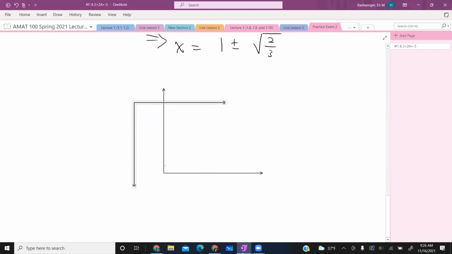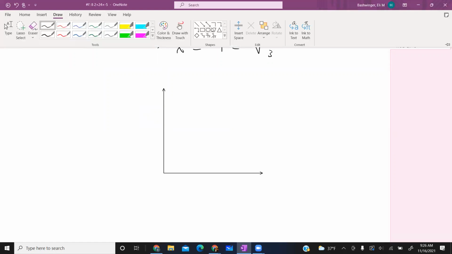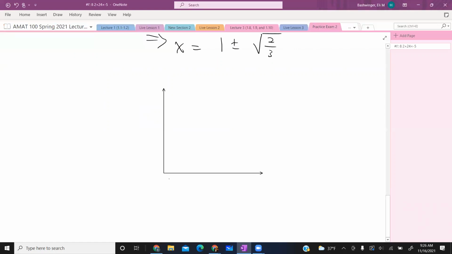Can't really do that. As you can tell, I don't really use OneNote a whole lot. So, all right, well, anyways, that's enough. I'll just draw my best line right here.